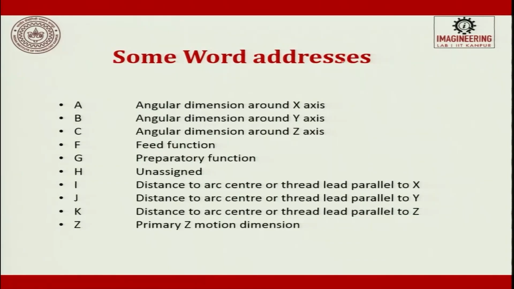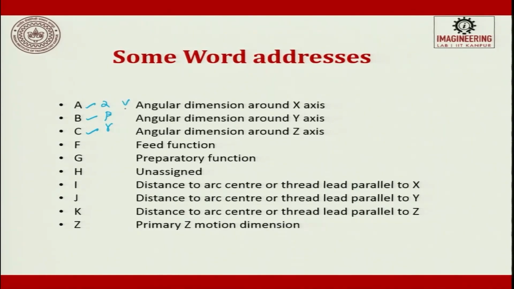So, some of the words which are used, A. So, it is rotation about x is A, B, C. Please understand the logic only here, and A, B, C can be changed from controller to controller. It can be alpha, beta, gamma.